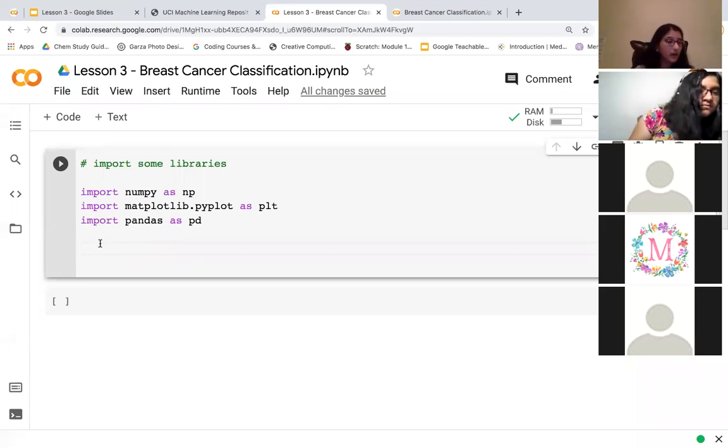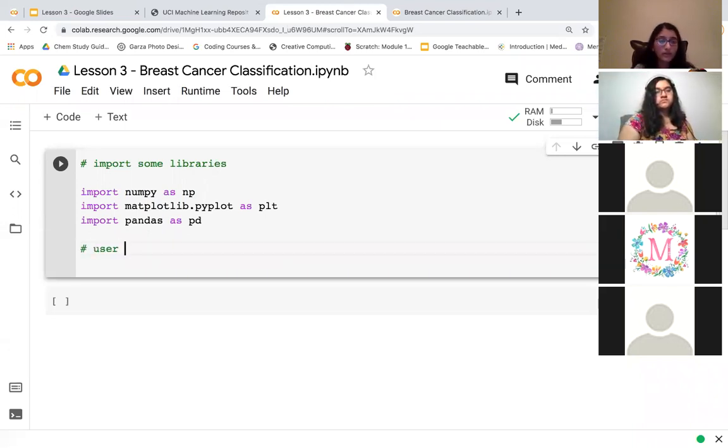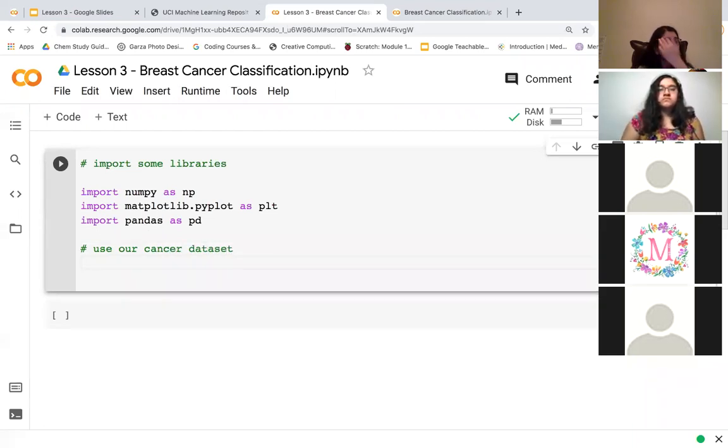So now we want to use our cancer dataset, so we're going to read this file. We want to read the CSV file that we just uploaded. The way to do this is we make a variable dataset, which will hold the data of this CSV file.